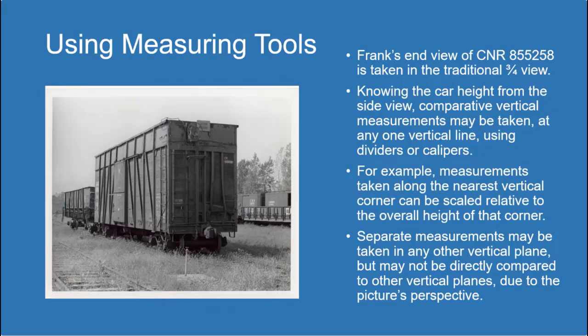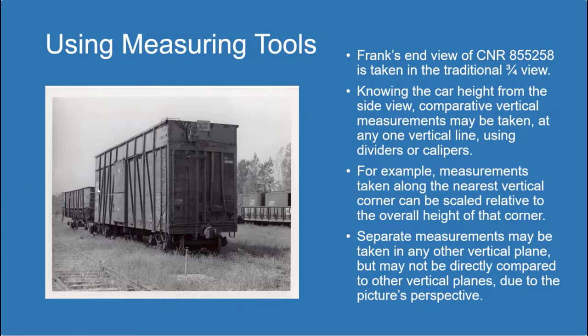But if we want to take a measurement of, say, the center of the car, we have a different problem because in perspective, there's a series of perspective lines radiating out to a vanishing point at the right along the top chord and along the end sill. Similarly, there's a set of perspective lines receding over to a vanishing point on the left, coming along the bottom sill to the left and along the top chord to the left.